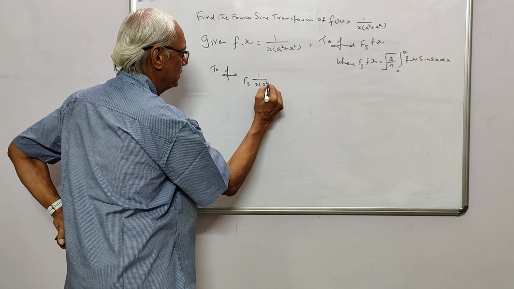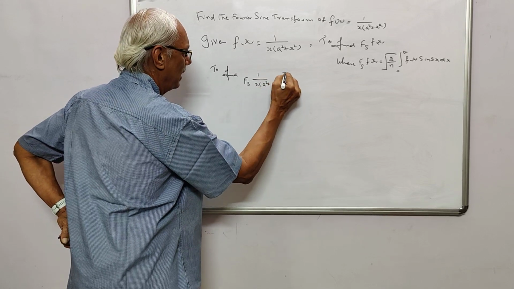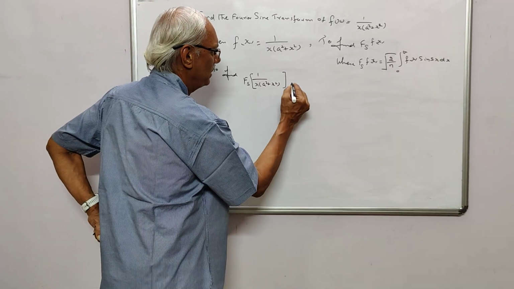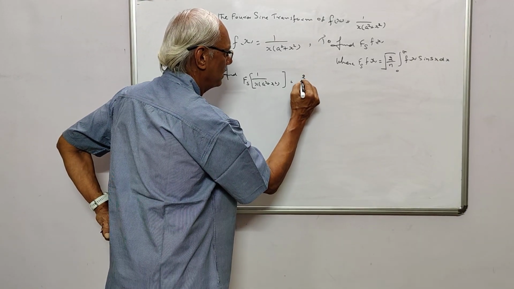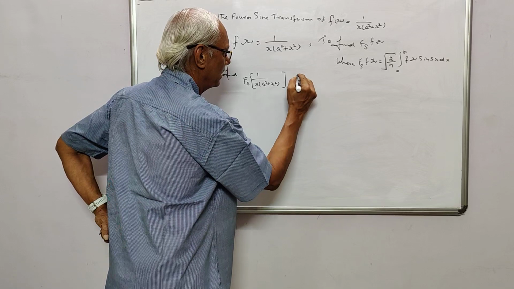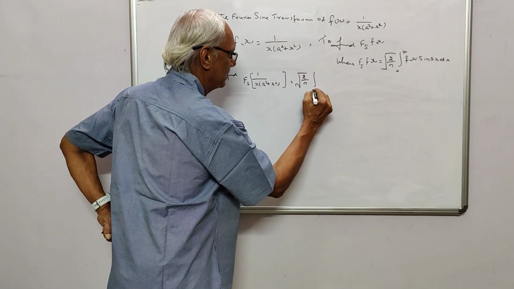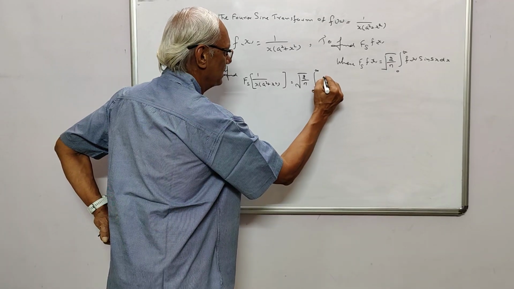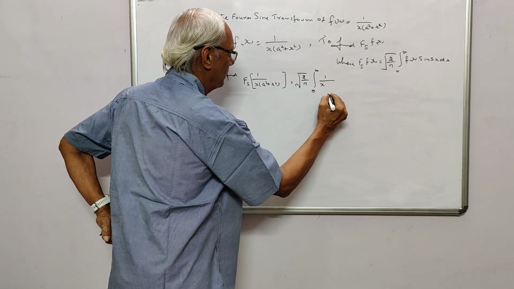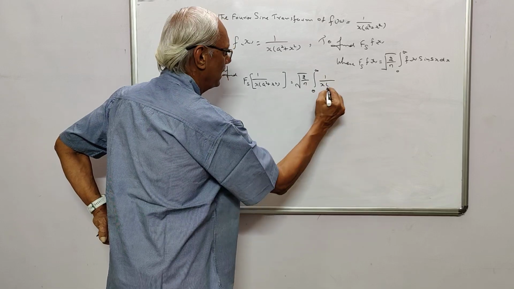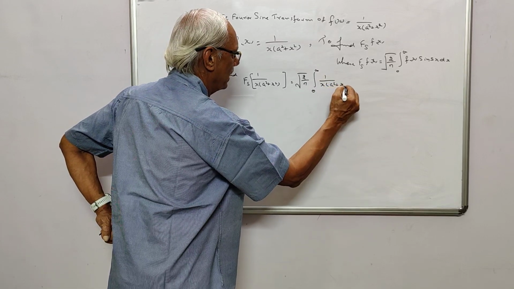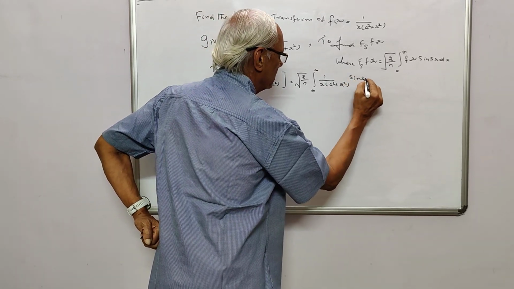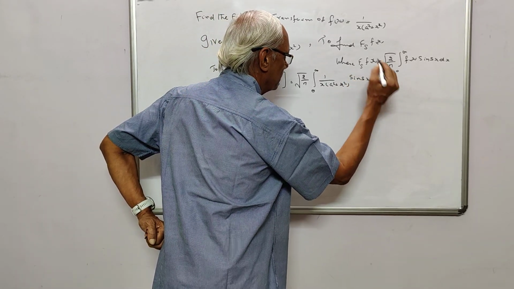1 by x into a squared plus x squared. I hope that you are able to understand what I write on the board. So you simply do this. So it is 0 to infinity, then it is 1 by x into a squared plus s squared into sine sx into dx.